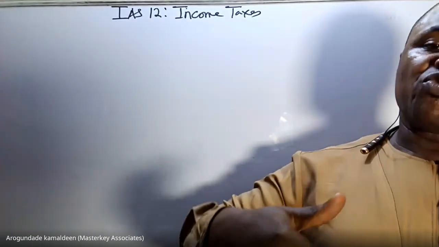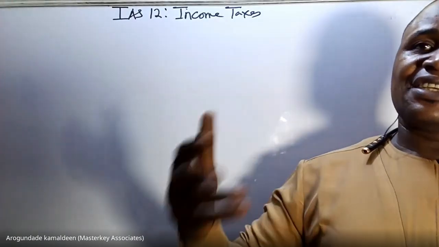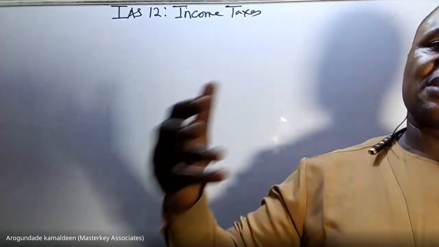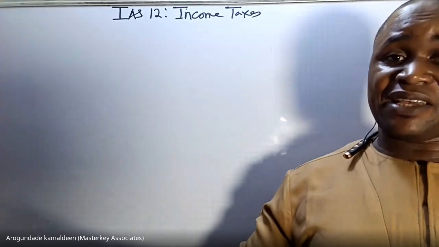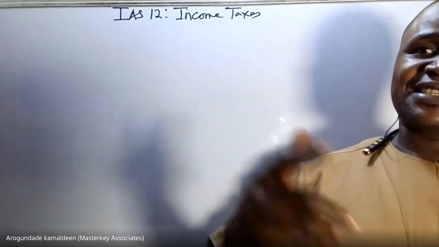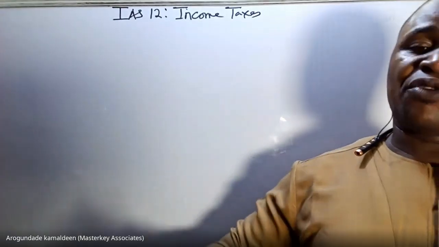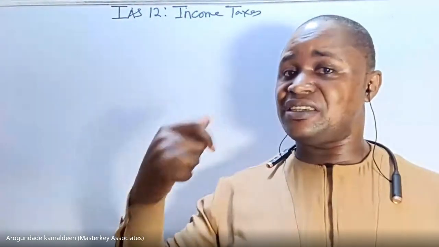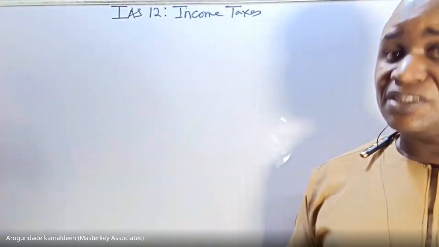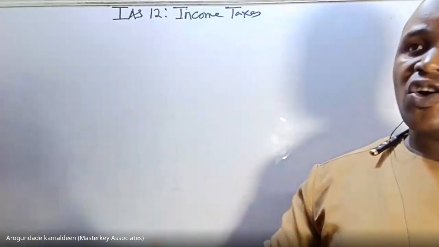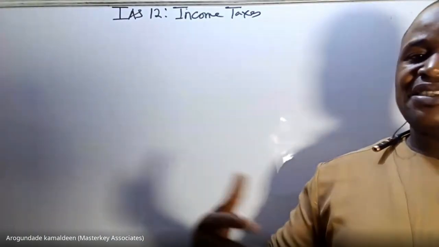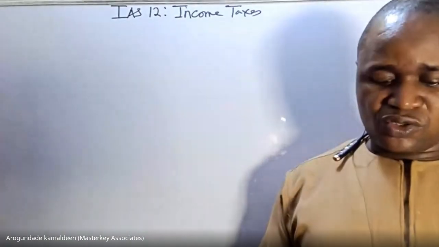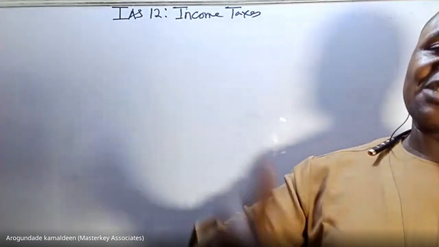And some people would believe that since the company income tax is 30%, 30% of the profit before tax should be the income tax figure you see. It is not true. They will always say 30% of the PBT should be equal to the income tax you see there.